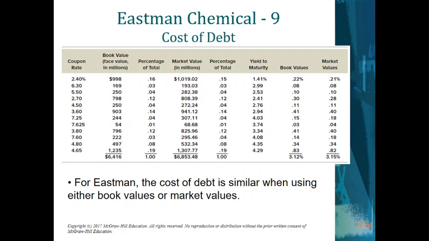So anyway, bottom line is Eastman's cost of debt, depending on whether you use book value or market value, is either 3.12% or 3.15%. They're pretty close, although I think the book indicates you should probably use the market values.